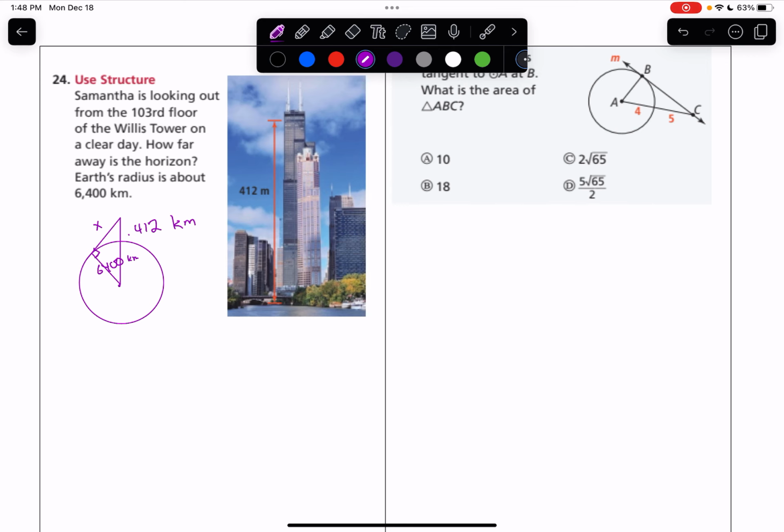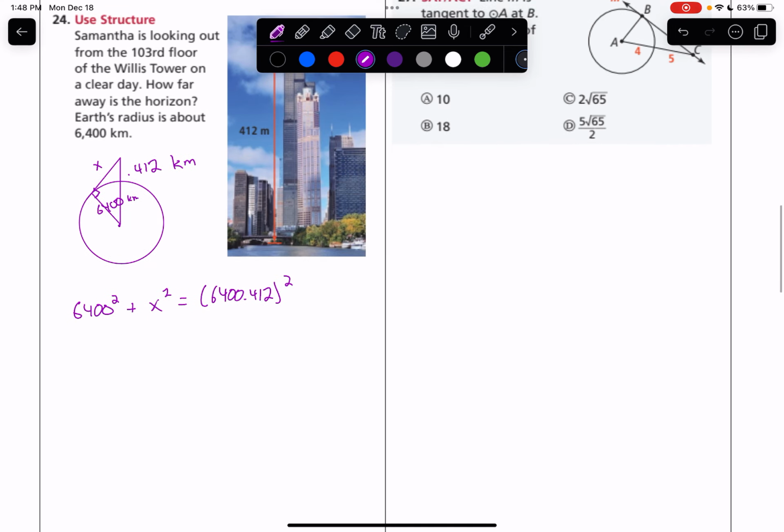It has a short side of 6,400, a longer leg of x, and a hypotenuse of 6,400 plus 0.412. So I'm going to write that as 6,400.412 squared. And I'm just going to do the Pythagorean theorem.